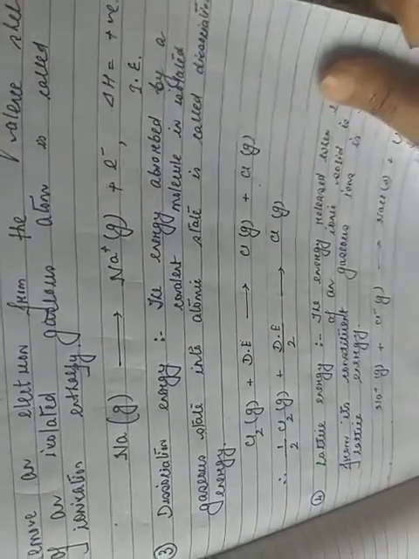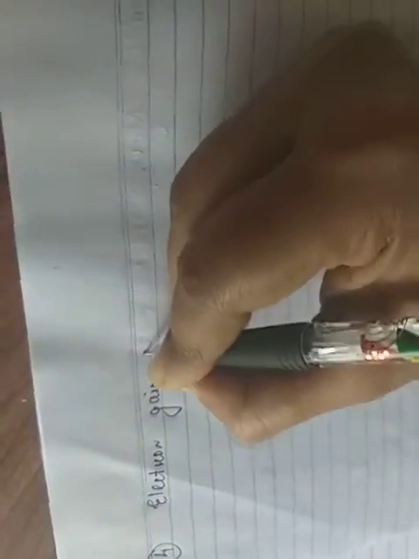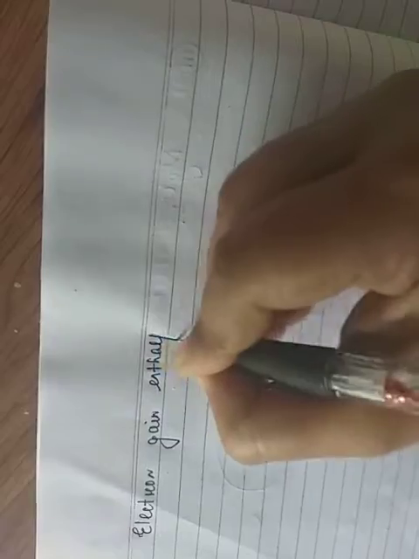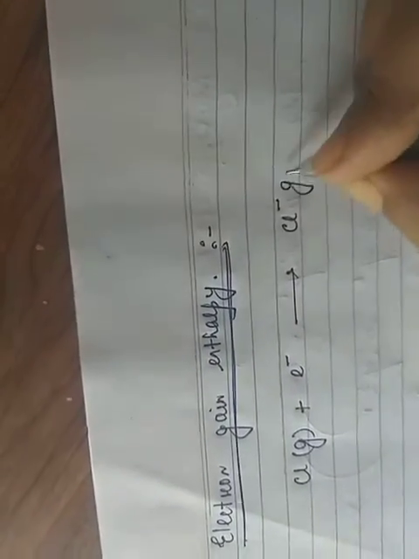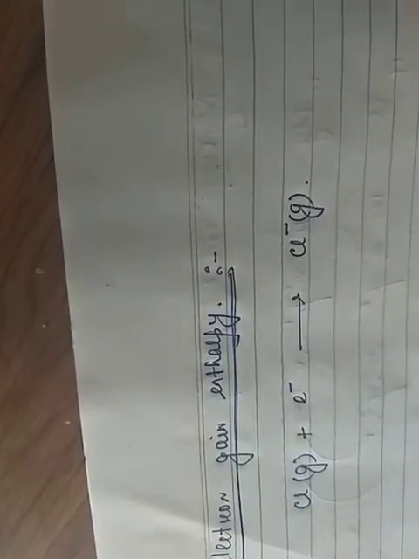Next, coming to number 4, this is called electron gain enthalpy. As we know, it is the minimum amount of energy released when 1 mole of any isolated gaseous species accepts 1 electron into its valence shell to form a univalent anion.